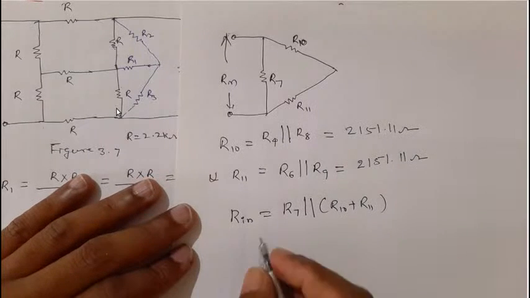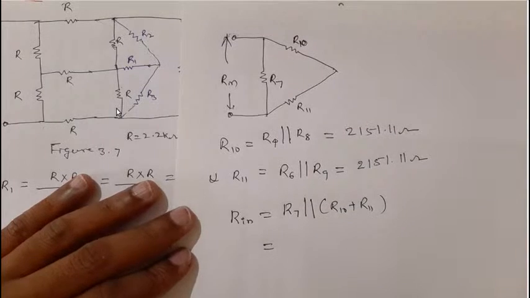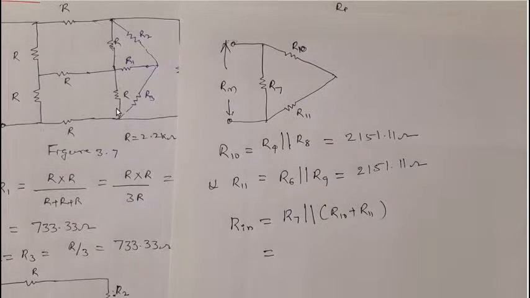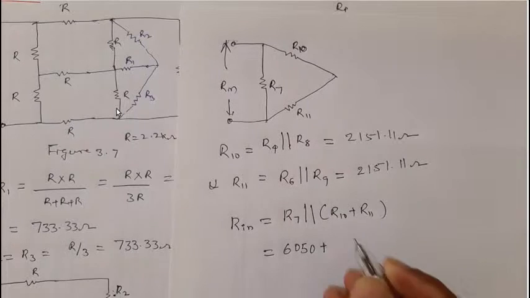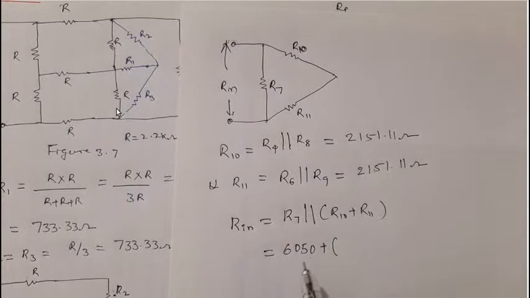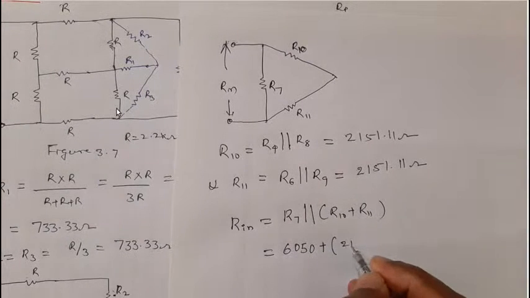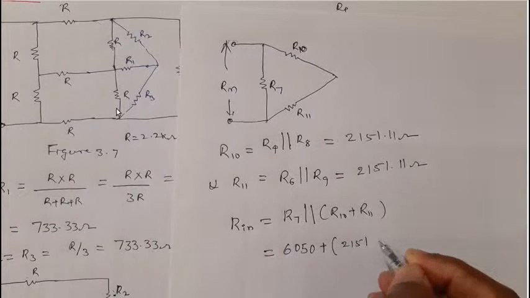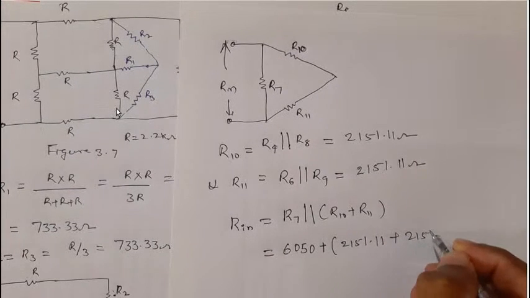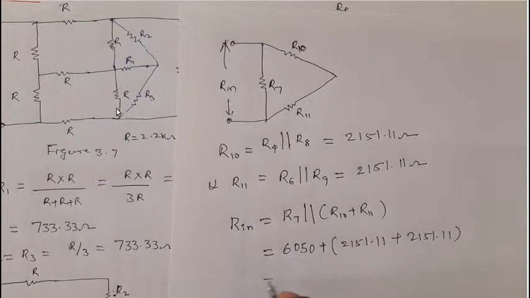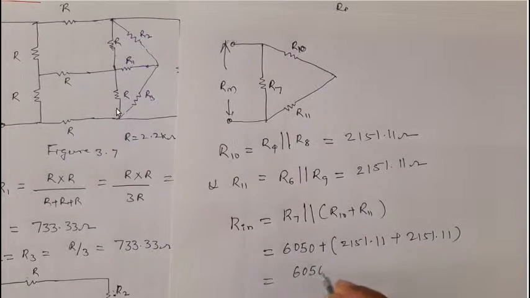R7 is 6050 ohm, in parallel with R10, which is 2151.11, plus R11, which is also 2151.11 ohm.